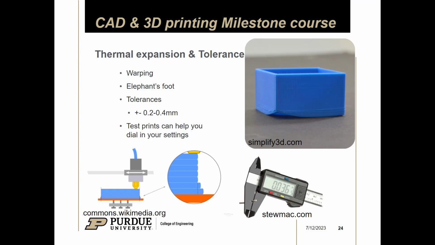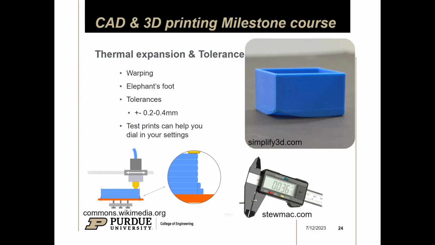You see in that little circle photo, the first two layers are squished outwards, so that reduces the dimensional accuracy of your parts. What you can do to mitigate this is add a chamfer on the bottom of all your parts. If you add a 45-degree cut on the bottom, then even with elephant's foot, it'll still be kind of straight, if that makes sense.